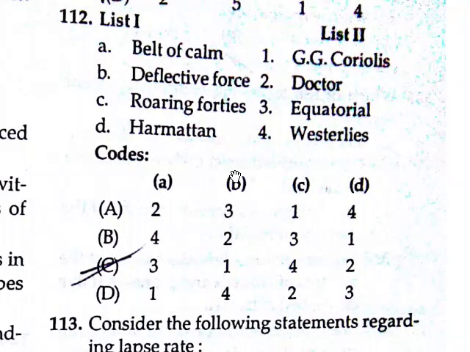Deflective force is the Coriolis force. Roaring force is mainly the westerlies, and Harmattan is mainly a doctor wind.